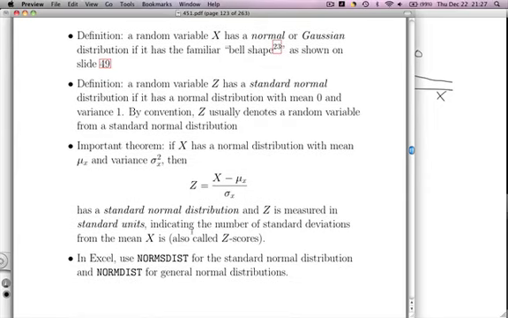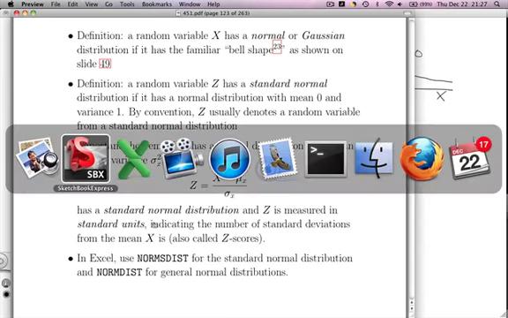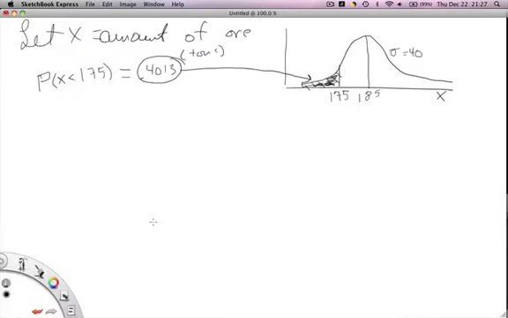Now, this standard normal distribution is so important that it has its own function in Excel, NORM.S.DIST, for a standard normal curve. So let's go back to the sketch pad for a second, and I'm going to rework this problem by first converting it into a z.